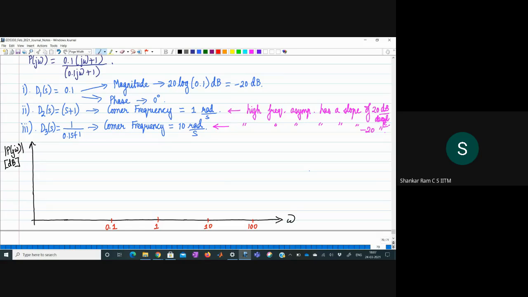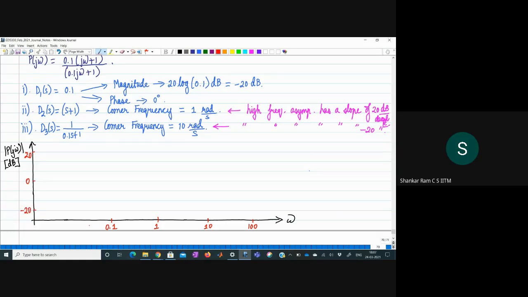And for the magnitudes, let's say I mark between minus 20 and plus 20, so this is plus 20, this is 0, and this is minus 20.